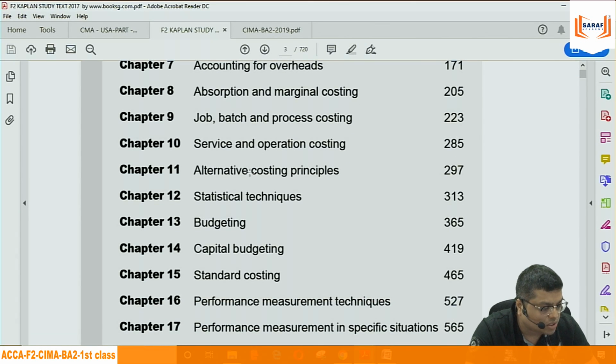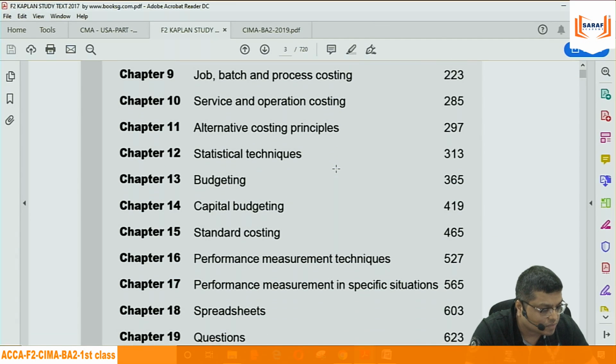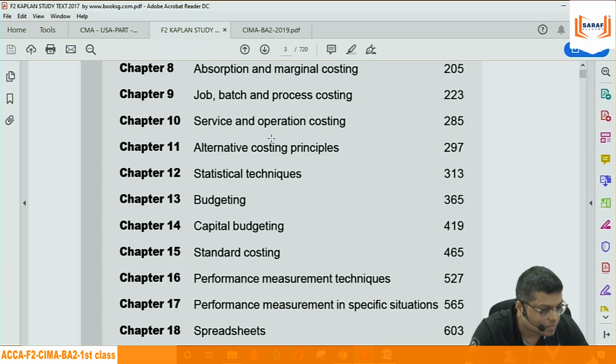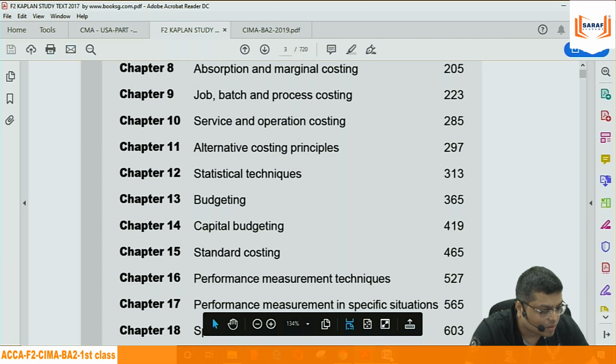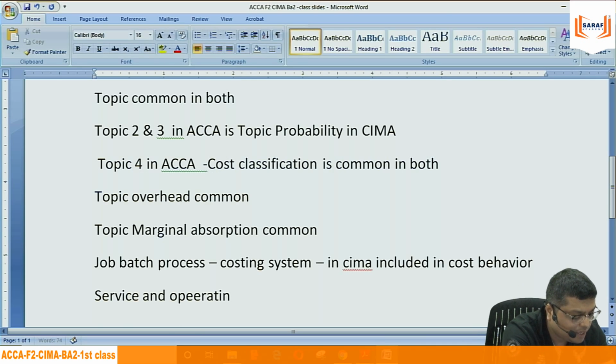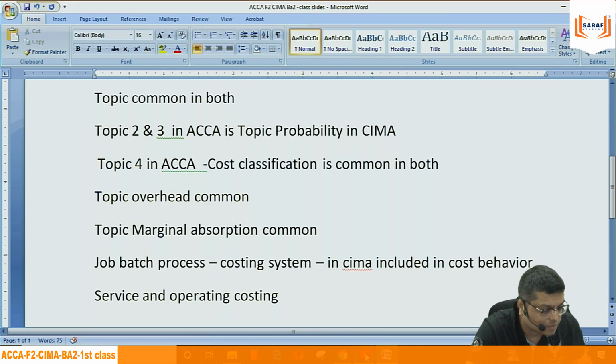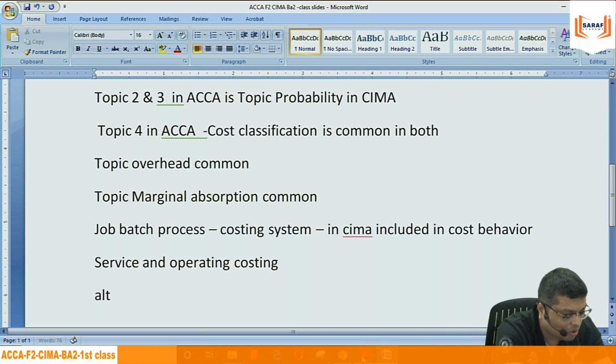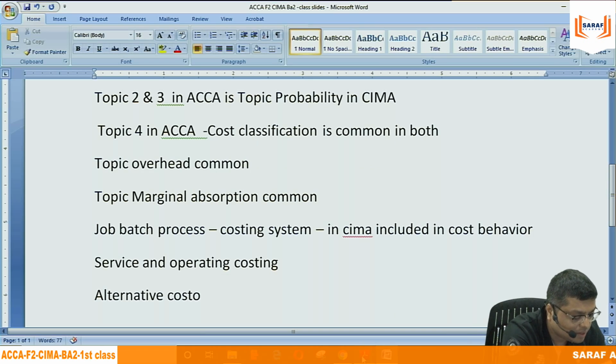Service and operating costing, alternative costing principles.